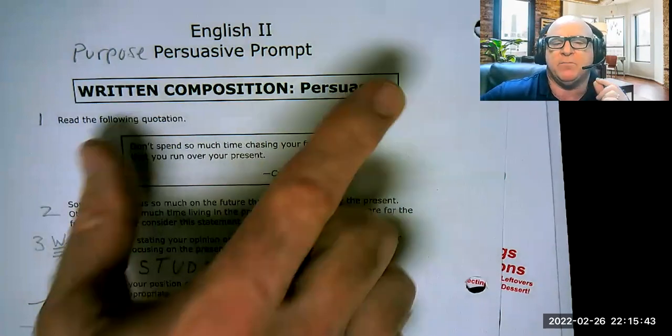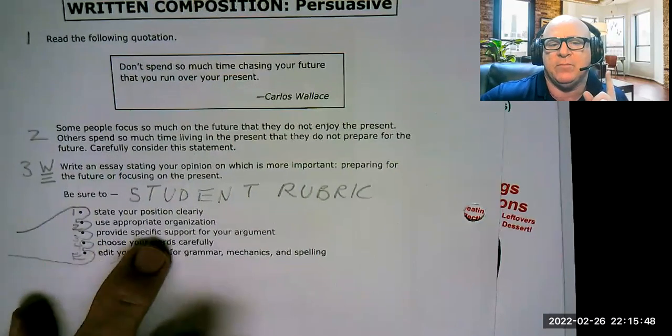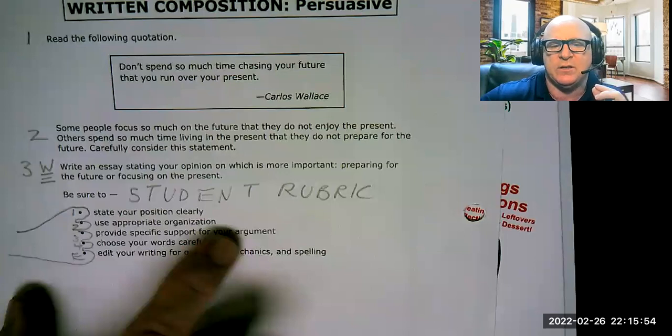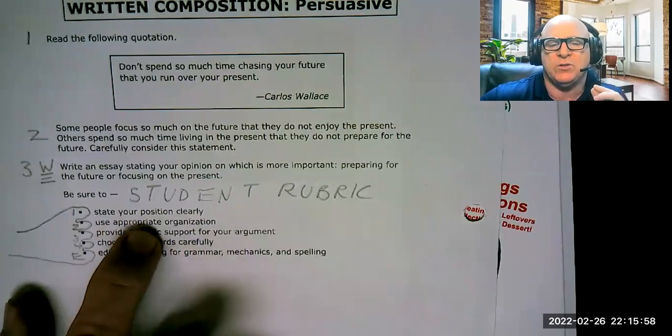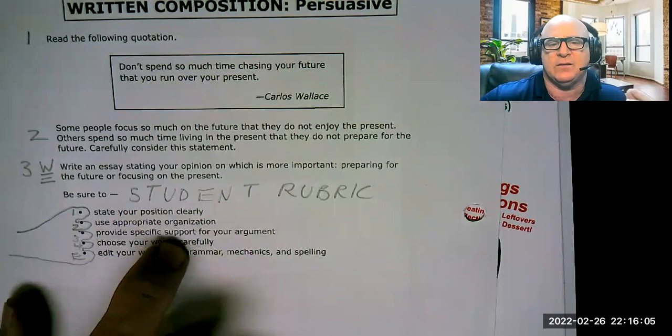Provide specific support for your argument. I call that in my folder GPS, get pretty specific. So if you're going to give me one reason and just one idea, you need to support that reason with details, sentences.